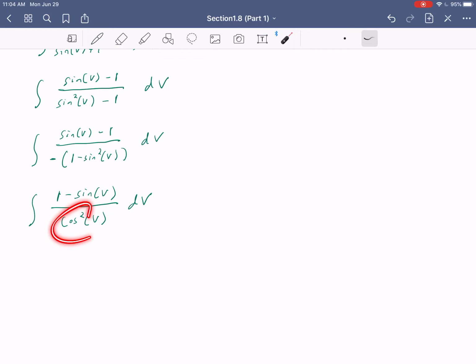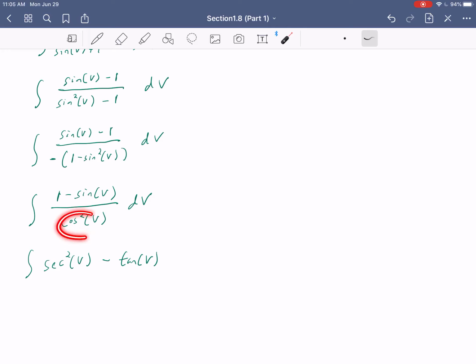Oh, that's much better because now our denominator is a single term, so we can just apply it to each piece. So 1 divided by cosine squared, we know a better name for that: secant squared v. Minus sine of v over cosine squared, well, we can view that as sine over cosine, which is tangent, so tangent v.